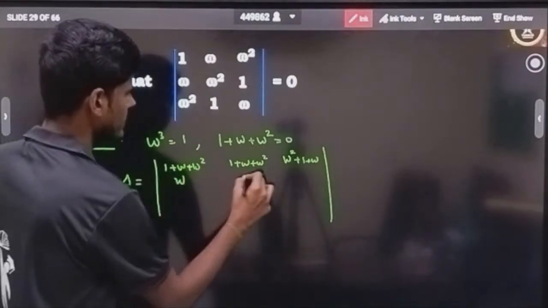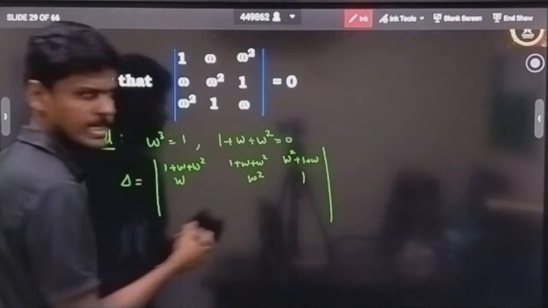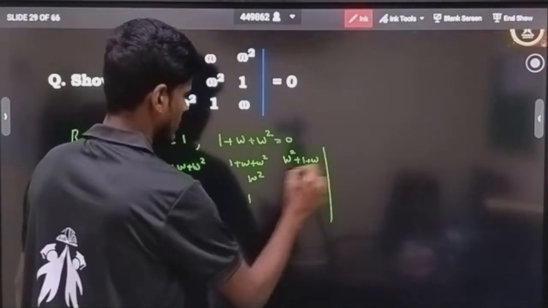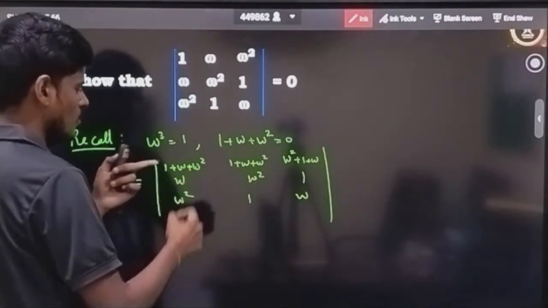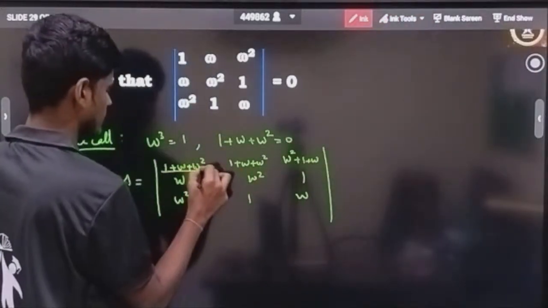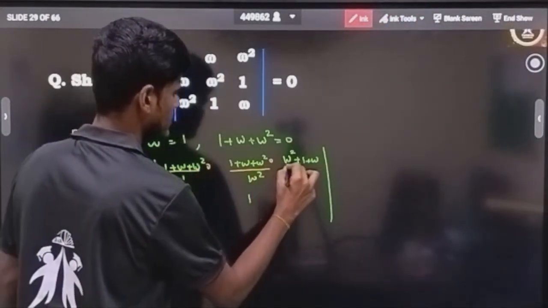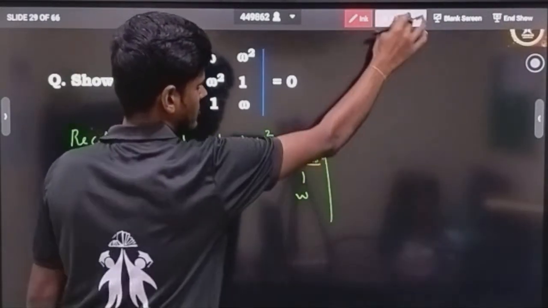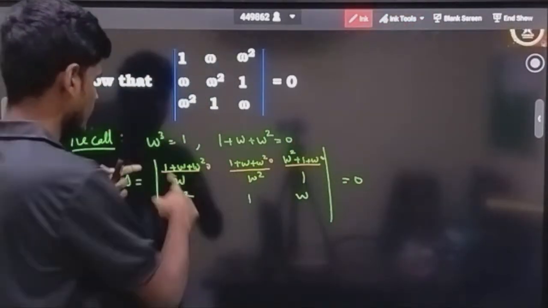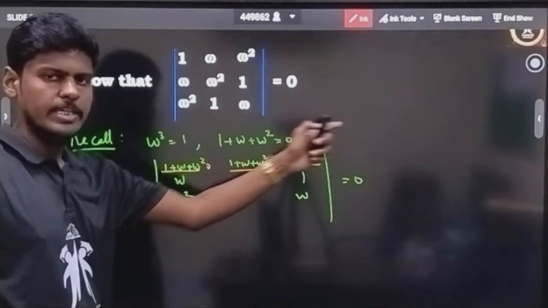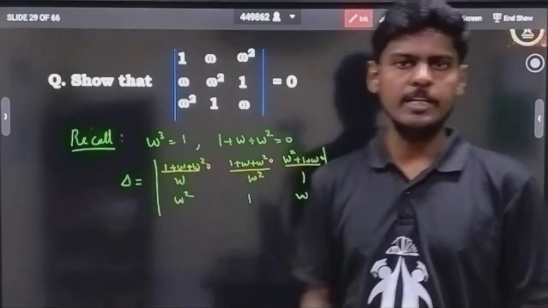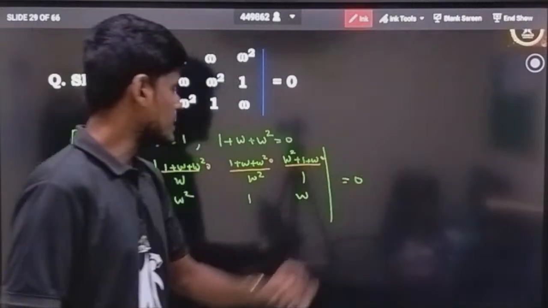We write the remaining rows as they are: omega square, 1, omega. Now this value becomes 0, since 1 plus omega plus omega square is 0. This value is 0, again 0, again 0. So what is the expansion? Expansion is 0, because we already know if each element of a row or column is 0, then the value of the determinant is 0. So the final answer is 0.